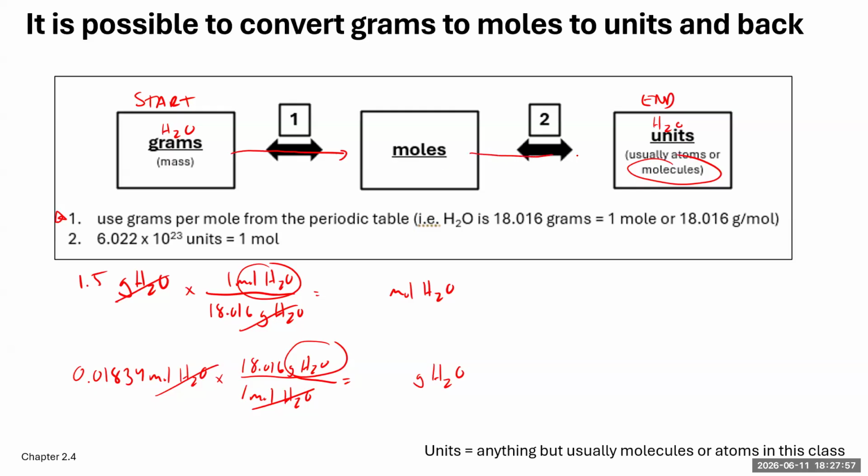But now to get to here, we have to use this conversion rate. And that is because we're going from moles of things to units of things, right? So we're starting at grams of water, going to moles of water, and then we're going to molecules of water.